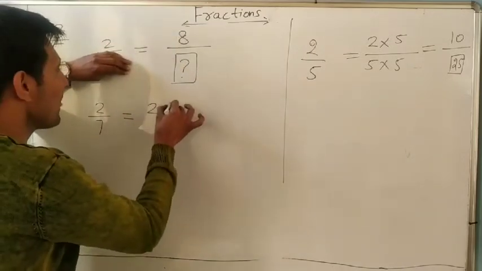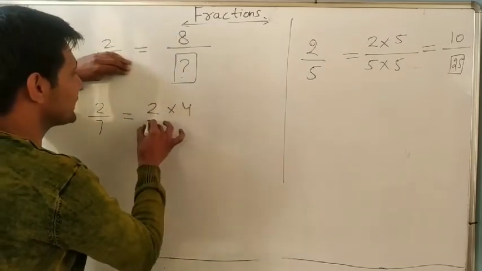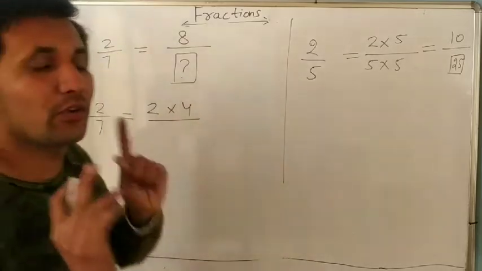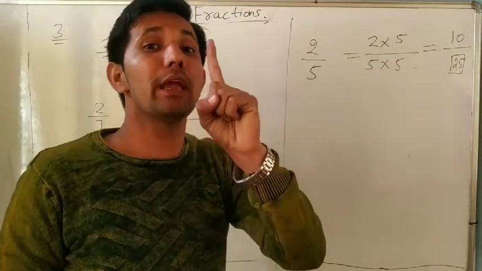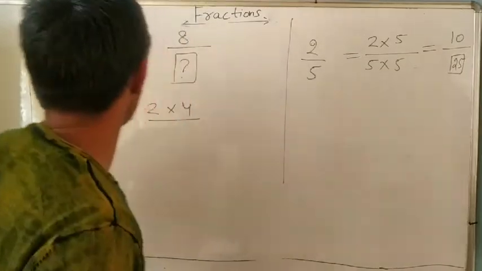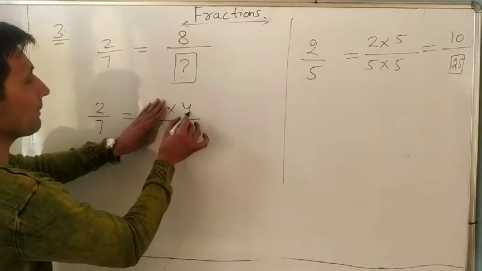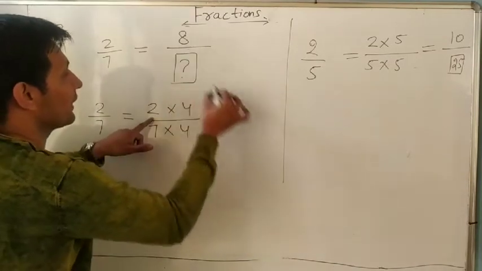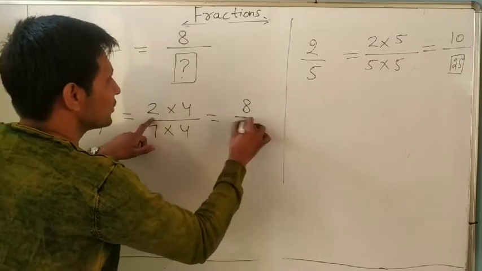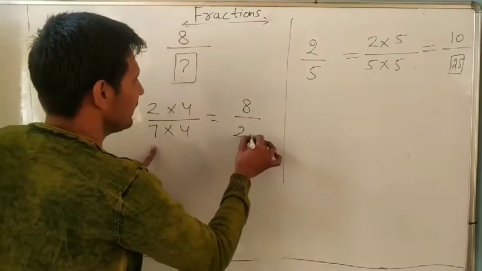So 2 multiplied by 4. Same as it is. Equivalent fraction means multiply numerator and denominator by the same number. So 7, we multiply by 4. So 7 also multiplied by 4. So 2 into 4, 8. Yes, it is 8. And 7 into 4, 28.